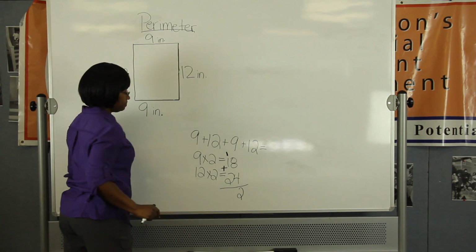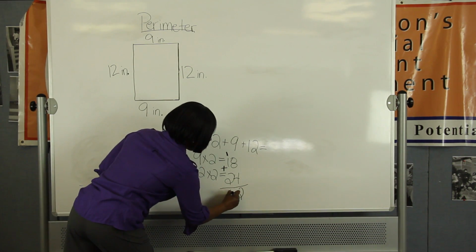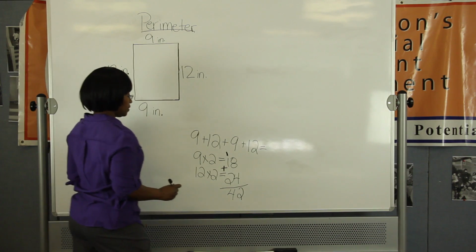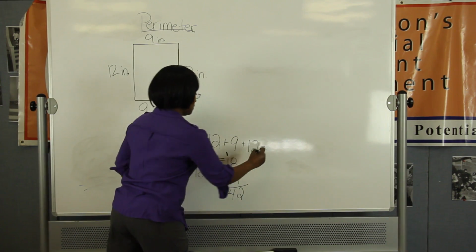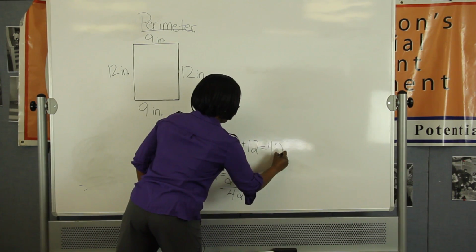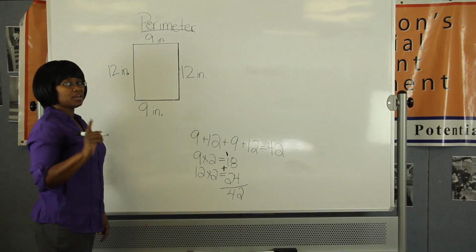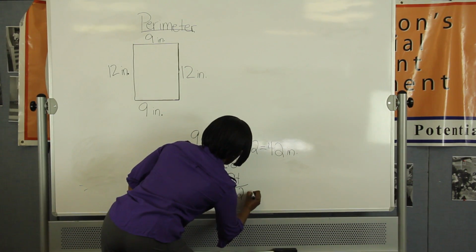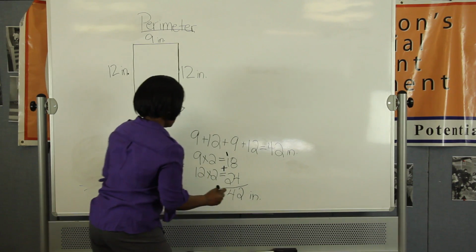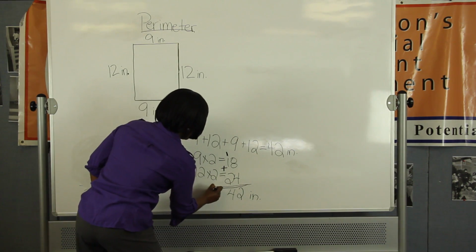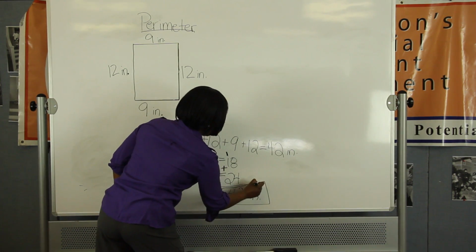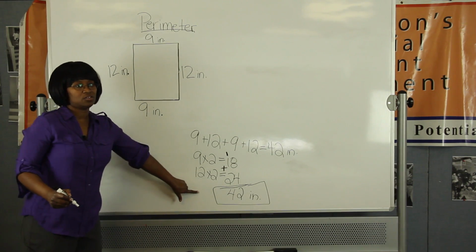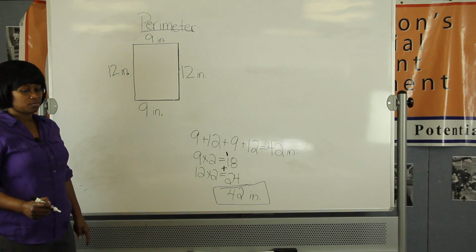Add 1. That's 4. All right, so we know that these numbers equal 42. Now we can't forget our inches. There you go. So we have our answer. Always make sure that you make it clear what your answer is. That is your perimeter.